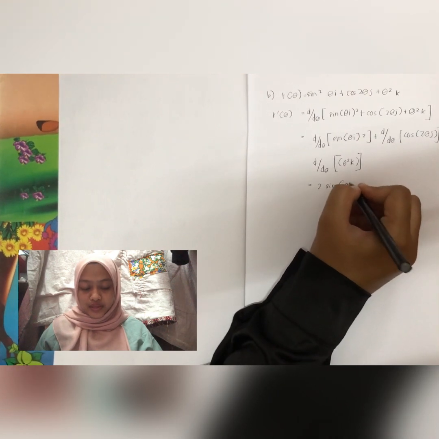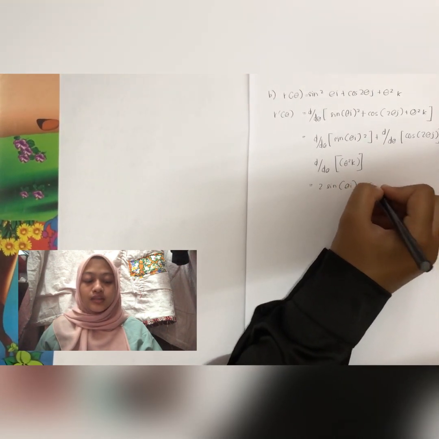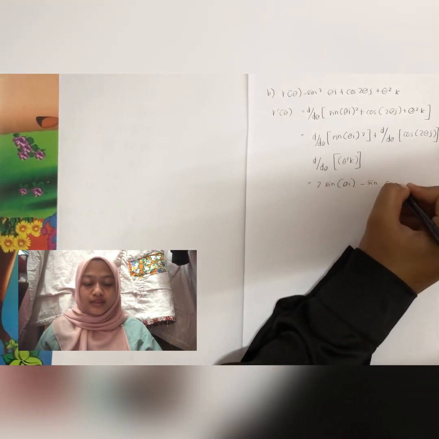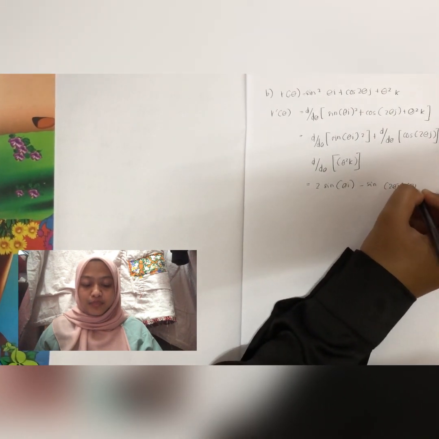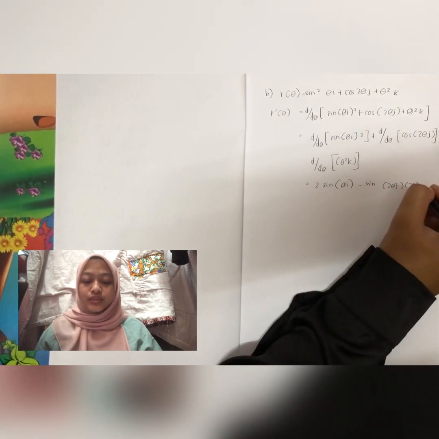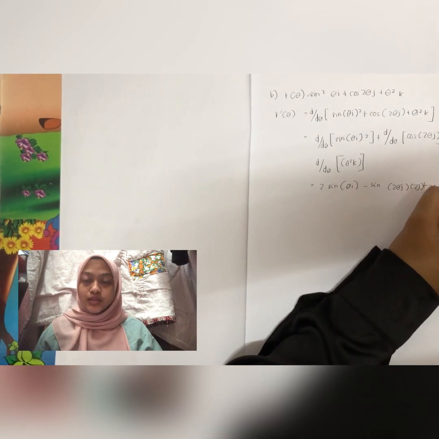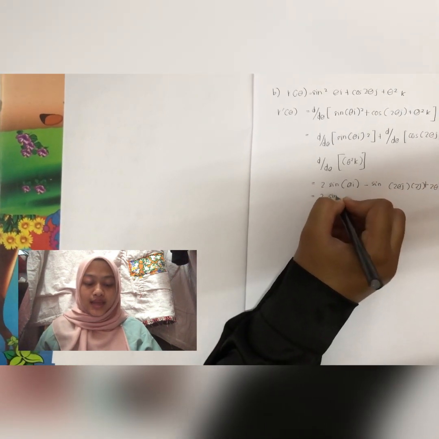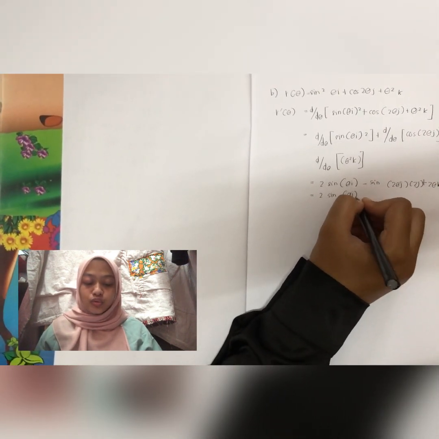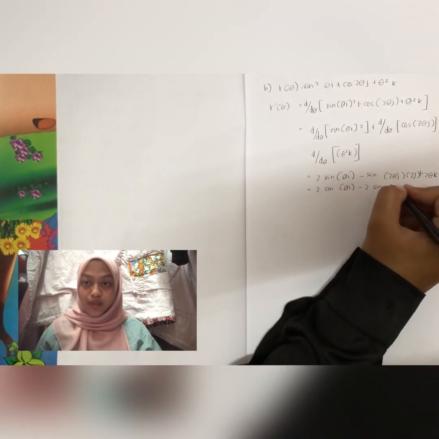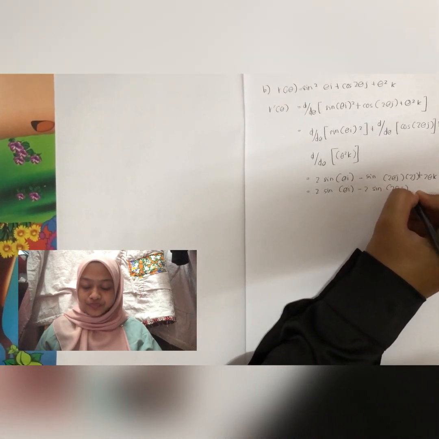Next, we find the derivative. So we got 2 sine theta cos theta i minus 2 sine 2 theta j plus 2 theta k.